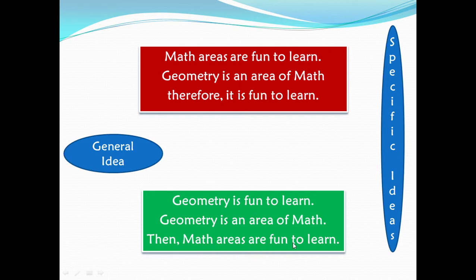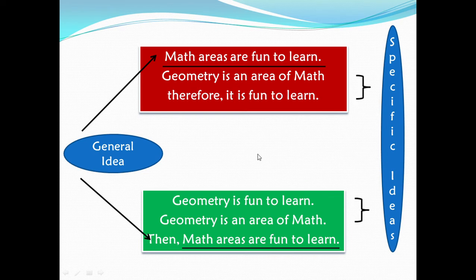Math areas are fun to learn. Whereas, in the specific ideas, in the first set, the specific ideas are found at the latter part of the set. Geometry is an area of math, therefore it is fun to learn. Whereas in the second set, the specific ideas are stated at the first part of the set, which are these: geometry is fun to learn, geometry is an area of math.